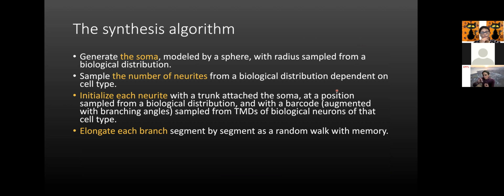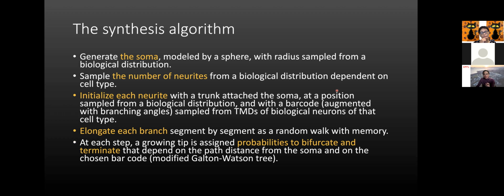And then we elongate each branch as a random walk, taking into account certain memory. It's a random walk of Gaston-Walton type. And then at each step in the process, we have probabilities to bifurcate and terminate that are determined by the bars in the barcode, as I briefly described before. And it's depending on the distance that you've traveled from the cell body, from the soma.